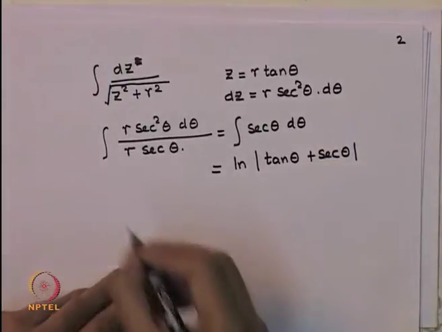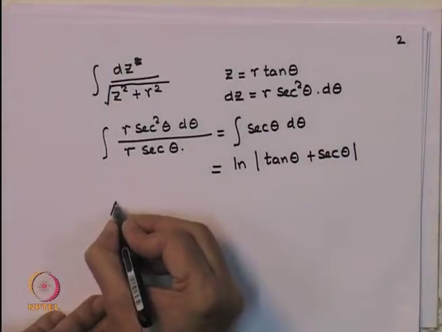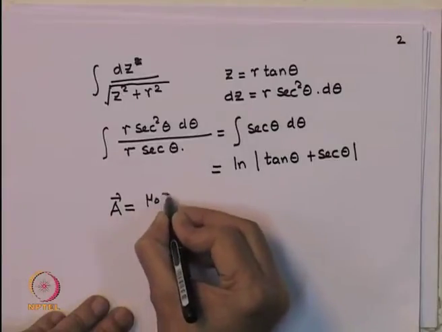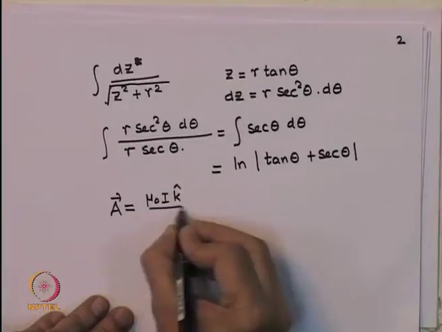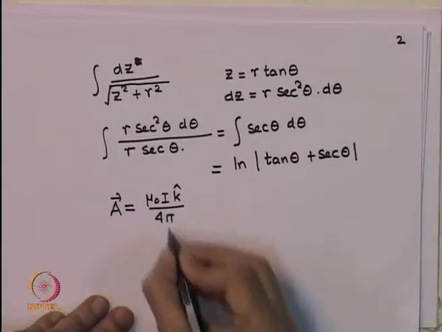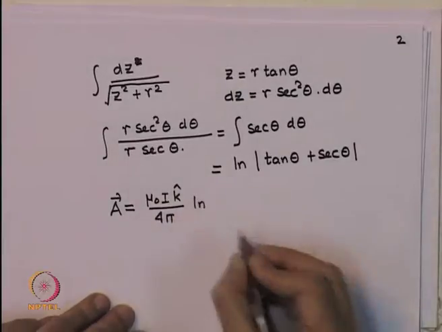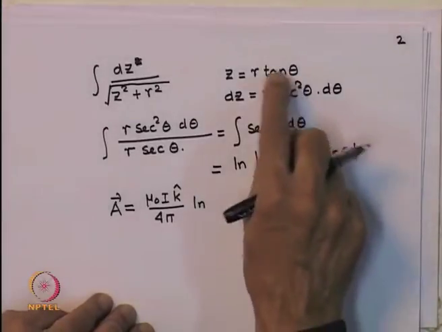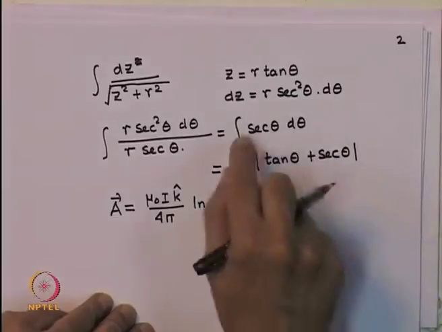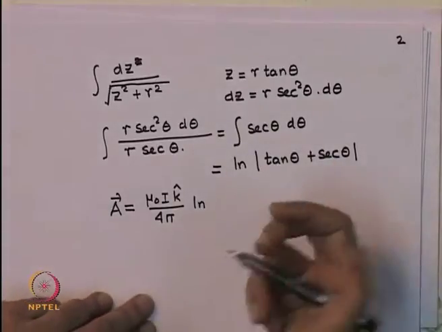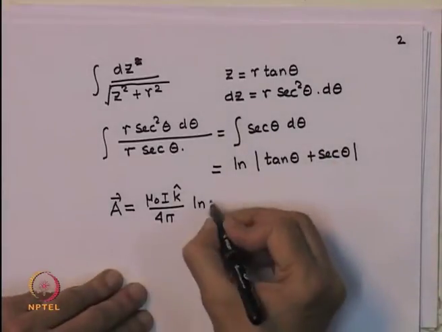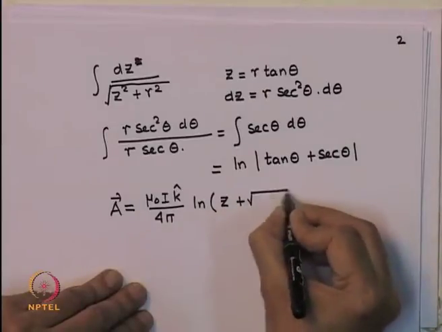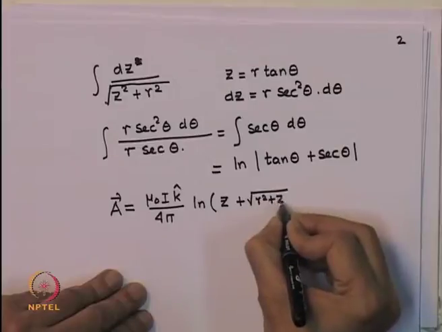If you put it back into this expression for A after putting in all the constants back, I get mu 0 I k by 4 pi and the logarithm of tan theta plus sec theta, and tan theta, as you can see, is z by r and sec theta is the square root of r square plus z square. So, this is given by z plus root of r square plus z square.